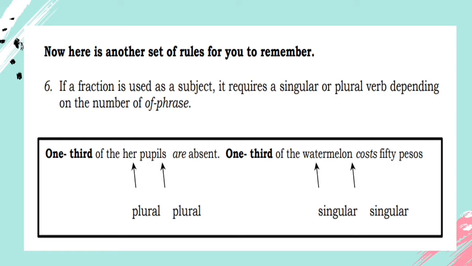It is plural, so it requires the plural verb are. Another one, 1/3 of the watermelon costs 50 pesos. 1/3 refers to the portion of watermelon, so it is singular and it requires a singular verb.